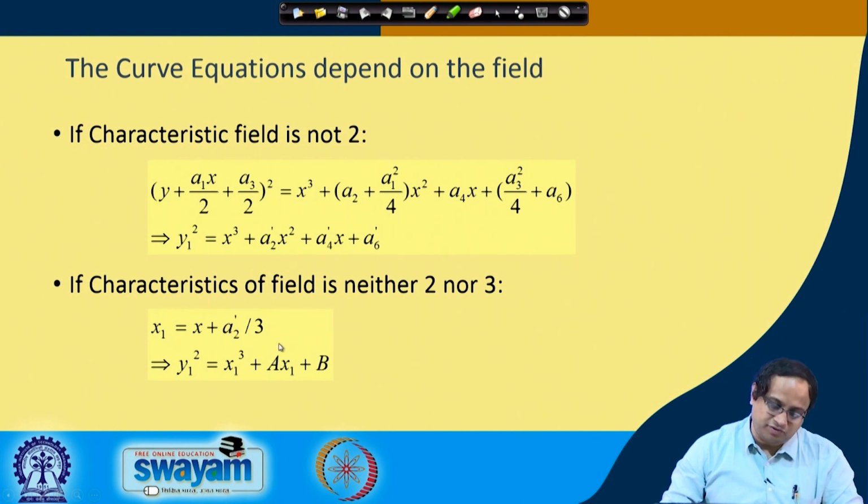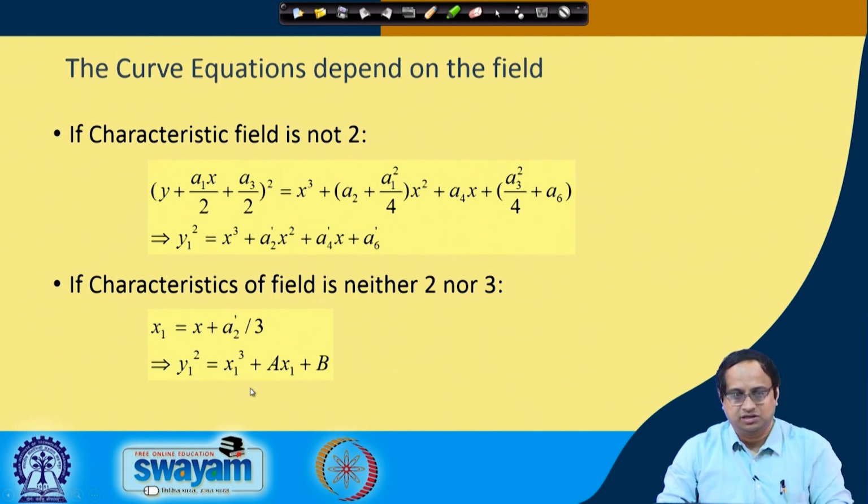But remember that whenever this equation form comes, it is implicitly assumed that the characteristic is neither 2 nor 3. If the characteristic is 2, then we get a different form, as we will see subsequently.